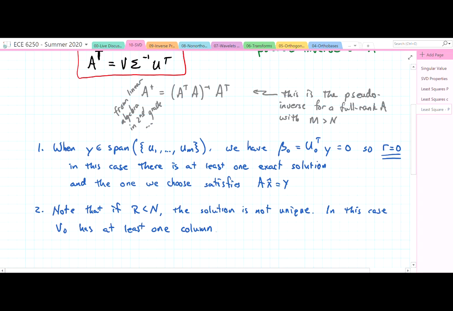So let me write this. Any part of a vector x in the range V naught is not seen by A. Now what do we mean by that?